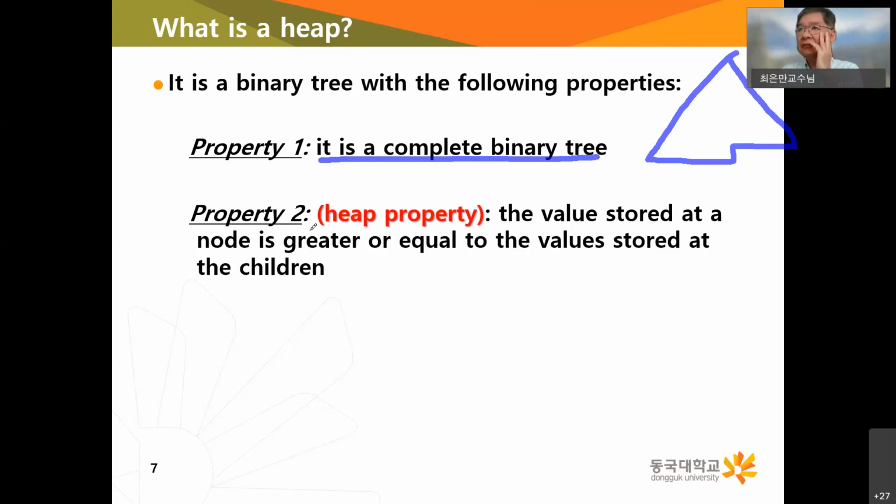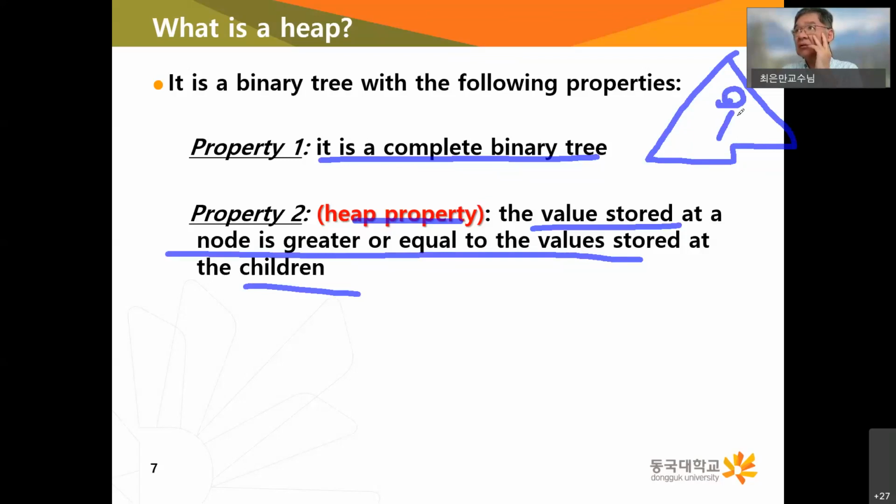Second property is very important. Heap property. The value stored at the node is greater or equal to value stored at the children. What is the meaning of that sentence? Certain node value, key value, is greater than or equal to the value stored at the children. Maybe here's the children. This children's value is less than the parent node, right?